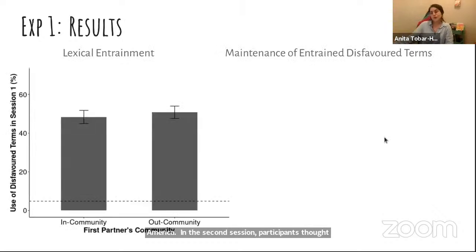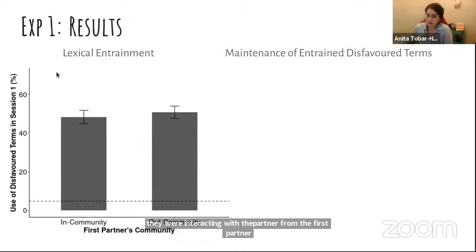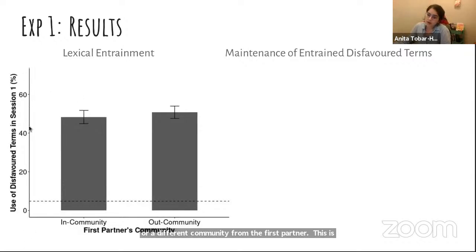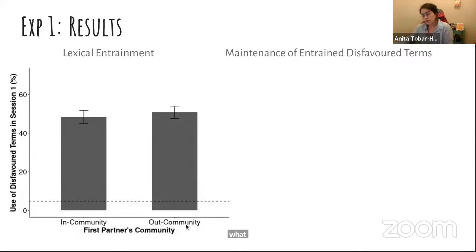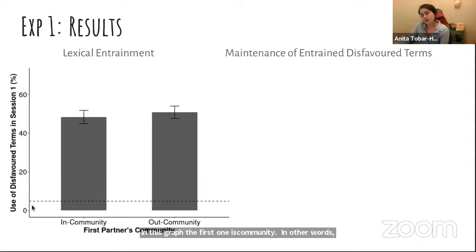And this is what we found. In the first session, we measured lexical entrainment. In this graph, the y-axis shows the percentage of use of these disfavored terms in session 1, while the x-axis shows the first partner's community, in other words, whether they entrained with an in-community partner or an out-community partner. The dashed line shows the baseline of use of these terms during the spontaneous naming task that we used to norm the materials, which was about 5%, the mean.